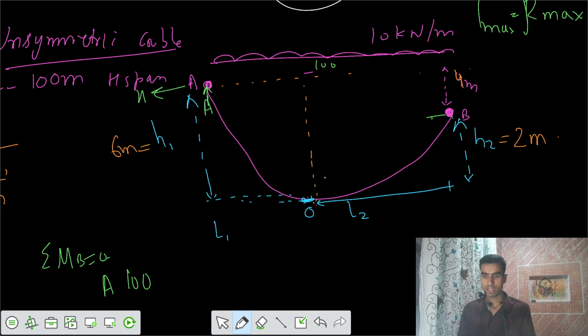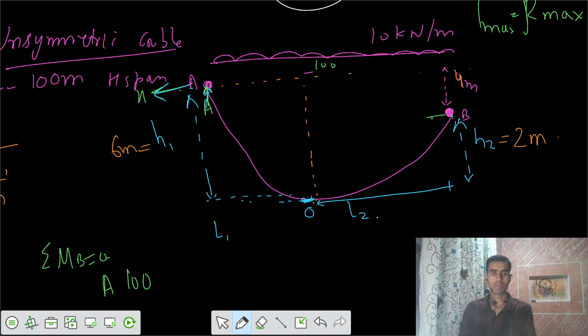We can write negative H. Your A about this point is clockwise, but your H about point B is in the anti-clockwise direction, so it's negative.